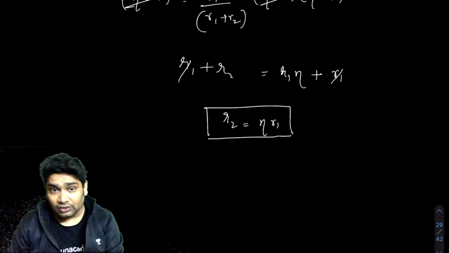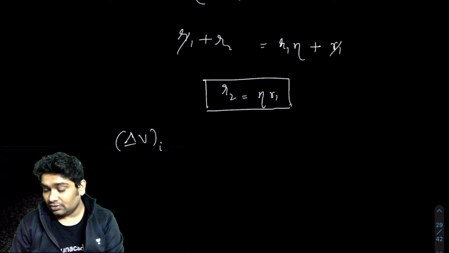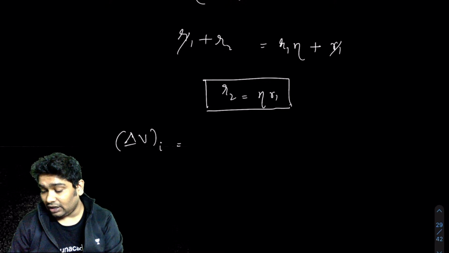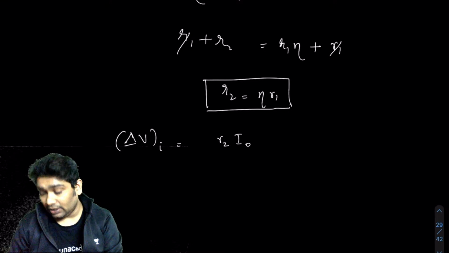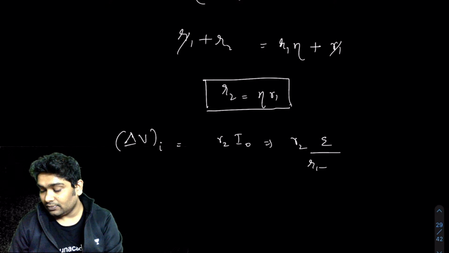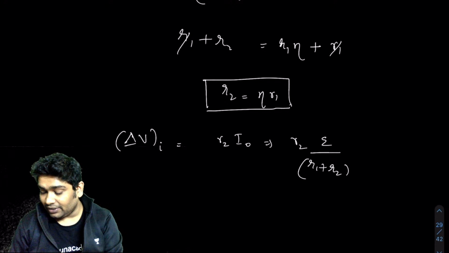Correct. Now the initial reading, delta V initial for the voltmeter, would have been R2 I naught. R2 into I naught would have been EMF over R1 plus R2 times R2. Right. Now instead of R2, I will replace eta R1.